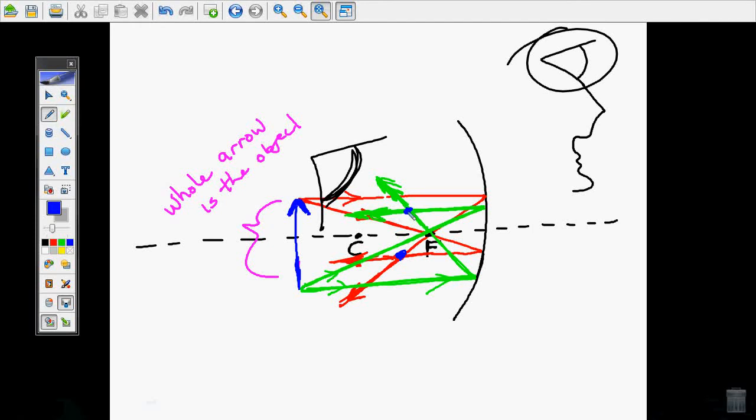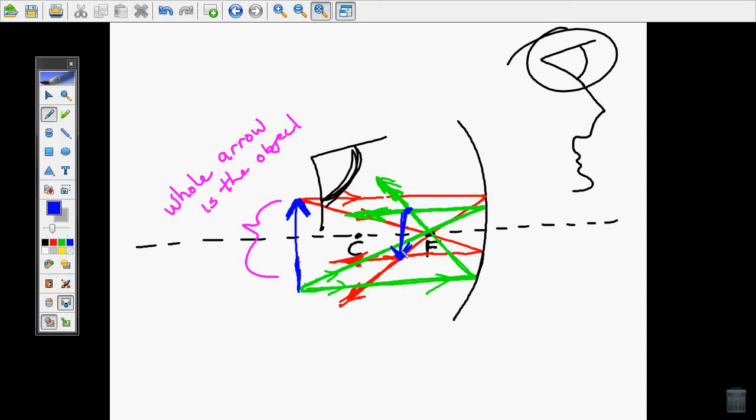So notice, folks, the head of the person is seen here. The feet of the person is seen up here. We just located the image. Now, you see how we did the whole process with the red rays for the head and the green rays for the feet?